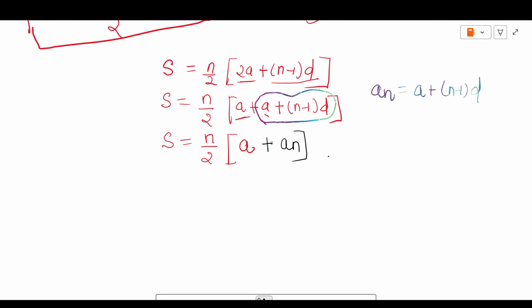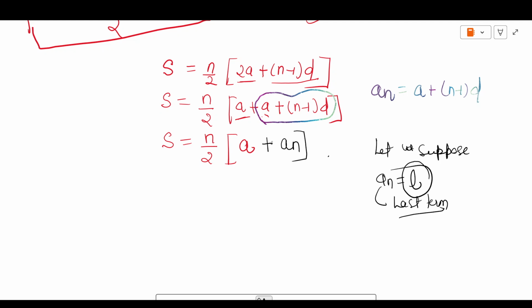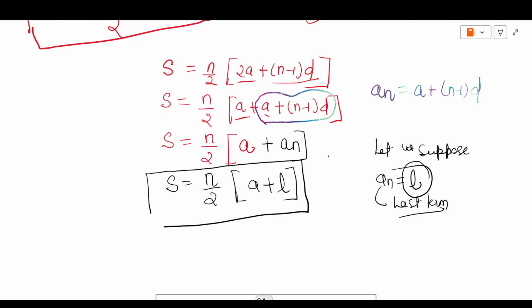So here we have another formula. Let's suppose an is equal to L. What is an? The last term. If we denote an as L, then what is the formula? n by 2 (a plus L), right?